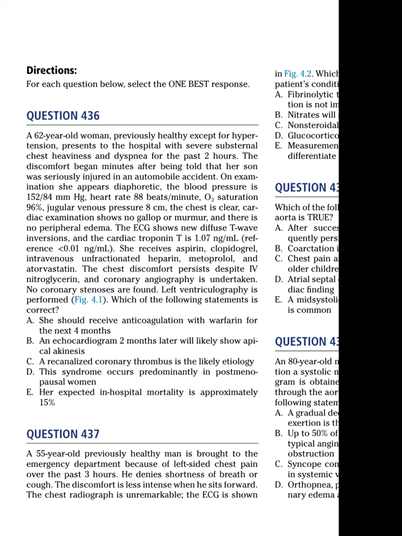The chest discomfort persists despite IV nitroglycerin, and coronary angiography is undertaken. No coronary stenosis is found. Left ventriculography is performed, Figure 4.1. Which of the following statements is correct? She should receive anticoagulation with warfarin for the next 4 months. An echocardiogram 2 months later will likely show apical akinesis.